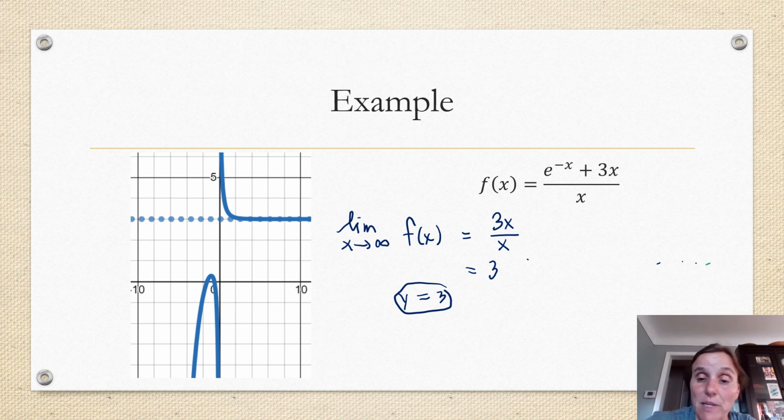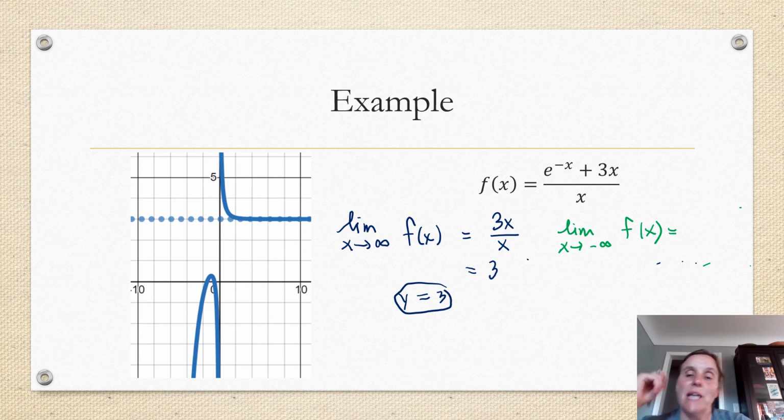We're going to do the same thing, but in the other direction. So x goes to negative infinity. Now, e to the negative x, as x goes to negative infinity, is going to be really dominant. So that's going to be our dominant term in the numerator. And in the denominator, it's going to be x, but e to the x is way more powerful than x.